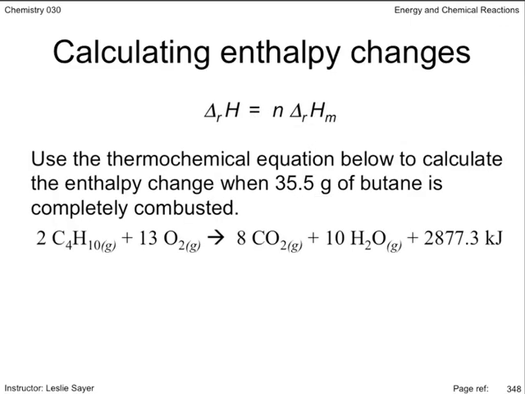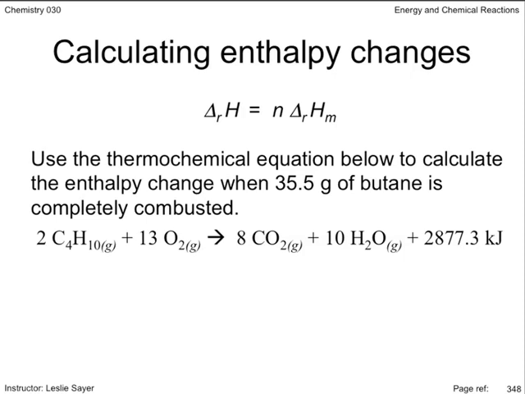Using this equation, let's have a look at this question. Use the thermochemical equation below to calculate the enthalpy change when 35.5 grams of butane is completely combusted. We're asked to calculate the enthalpy change. In the equation, we see that negative 2,877.3 kilojoules is the enthalpy change.